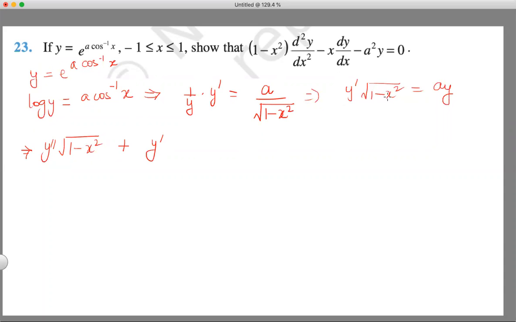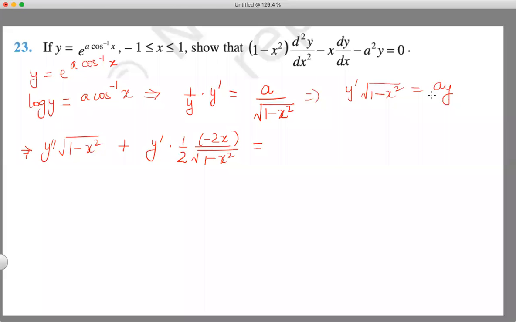This is 1 minus x square raised to the power half, so it will be half, and this will come in the denominator now because it's 1 minus x square raised to the power minus half, and then the differential of 1 minus x square, which is minus 2x. So this becomes the differential of the left hand side.